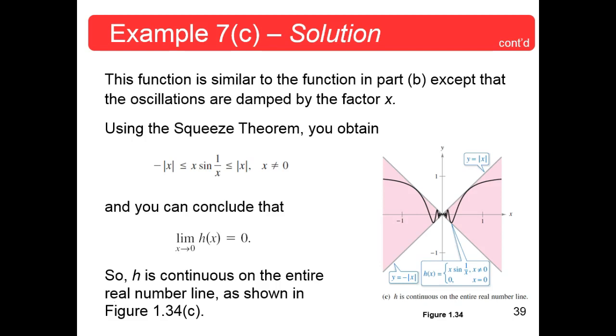So h, which is the function right here, is continuous on the entire real number line as shown in that. If you had not included this, you could not say that because this function wouldn't be defined there. But if you put in x equals 0, h equals 0 at x equals 0, then that does make a continuous set. Otherwise, you'd have a whole other function there.